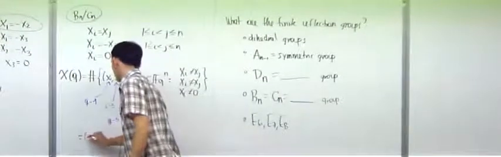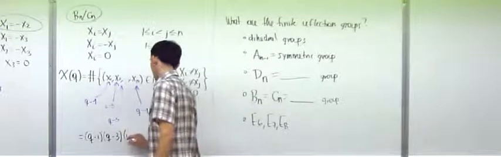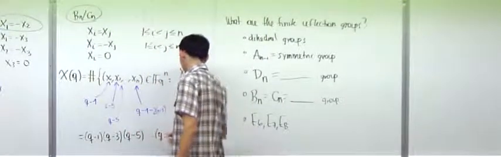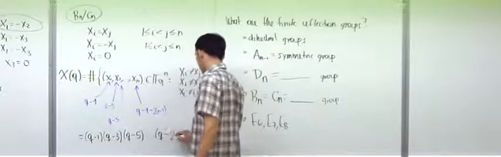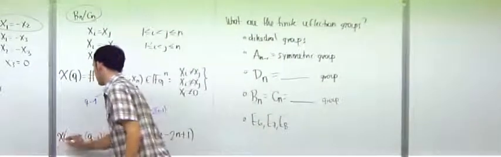Cool, so then we get q minus 1, q minus 3, q minus 5, up to q minus 2n plus 1, and so we get the product like this. Okay, and that's the characteristic polynomial of this arrangement.